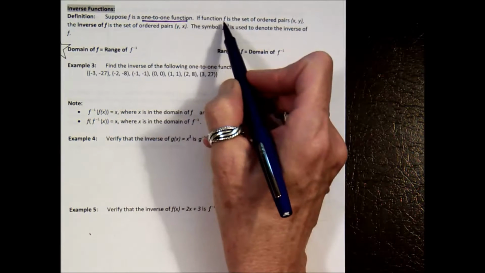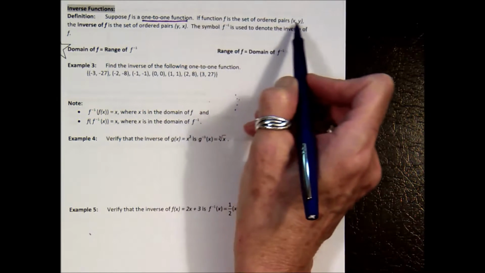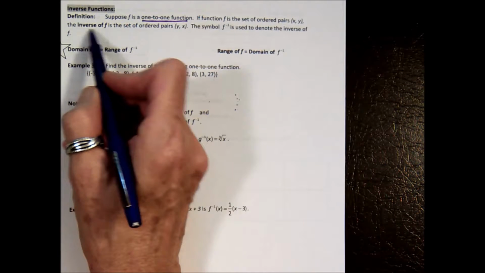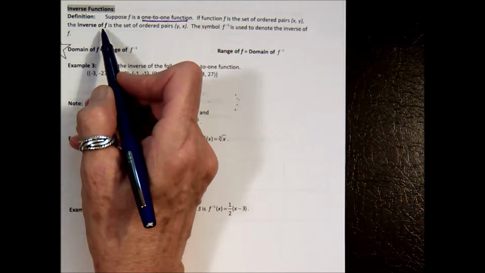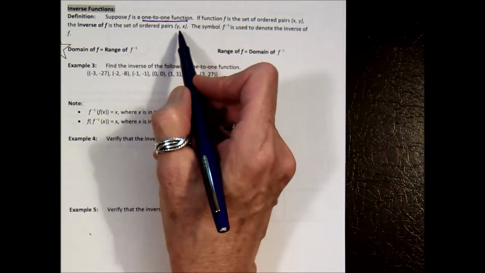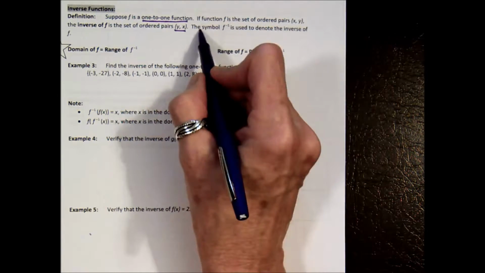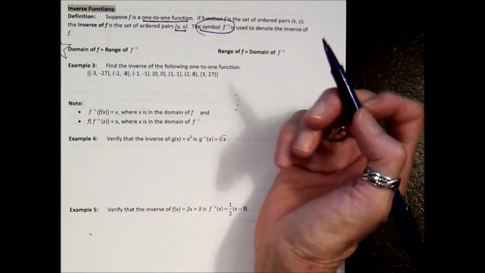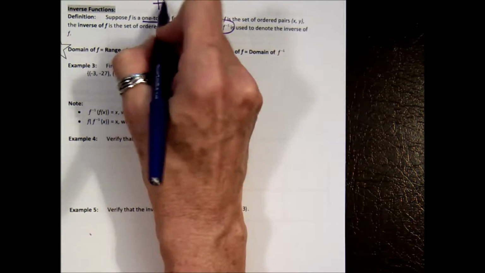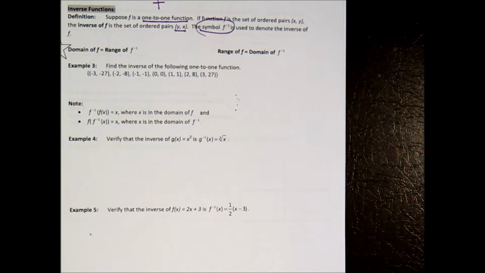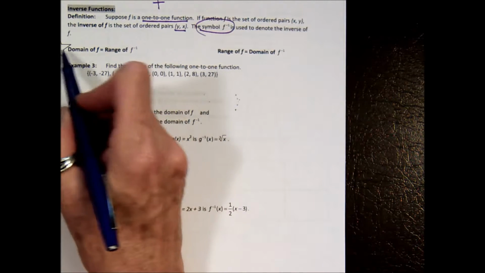If the function f is the set of ordered pairs (x, y), then the inverse of that one-to-one function is the set of ordered pairs (y, x). So it's just the opposite. And the symbol that is used to denote the inverse of f is f with a superscript negative one. It's read f inverse, not f to the negative one. It's f inverse.